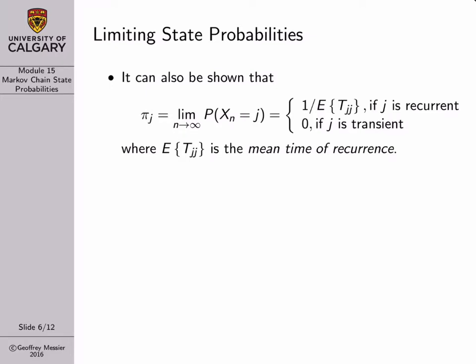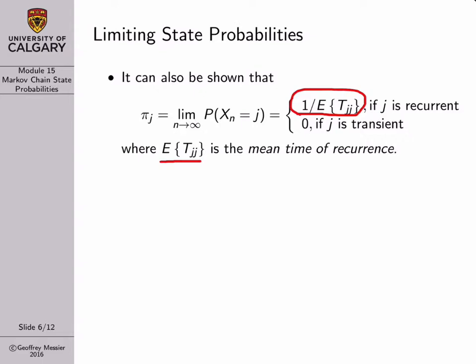Another useful property of the limiting state probabilities is that it can be shown that the limiting state probability for state j is equal to 1 over the mean time of recurrence. The mean time of recurrence is the expected value of tjj, and it's basically the average number of time steps it takes to return to state j.